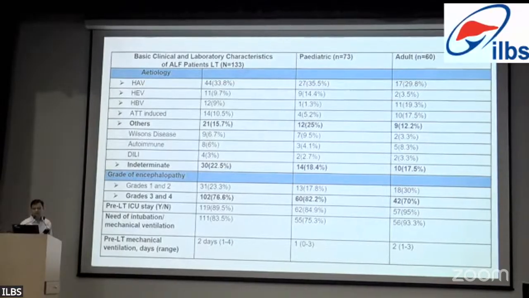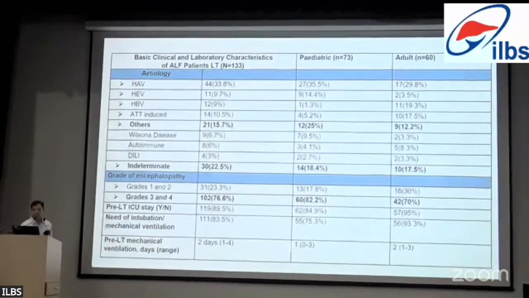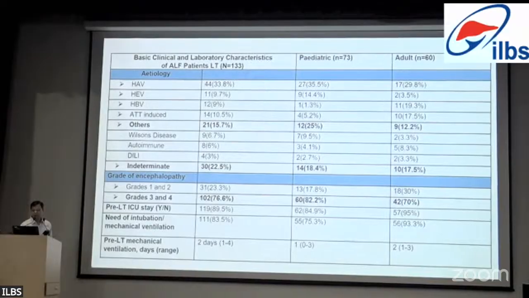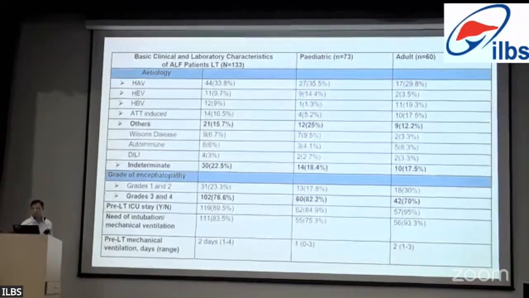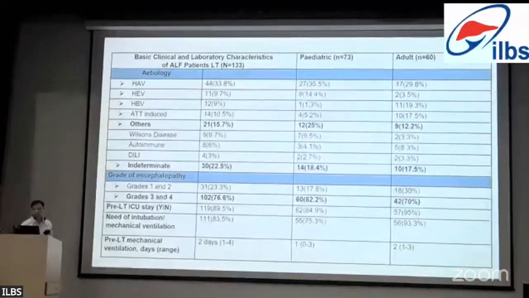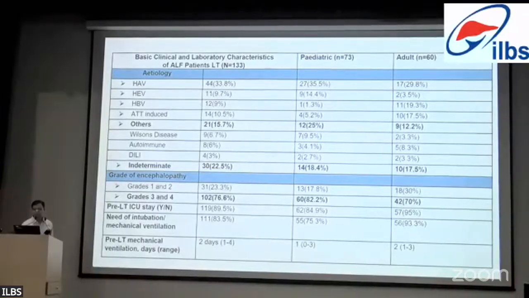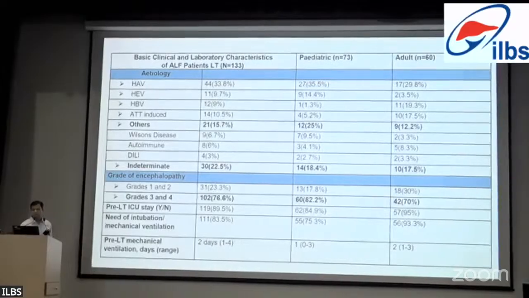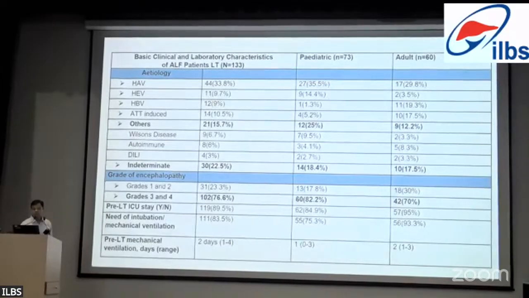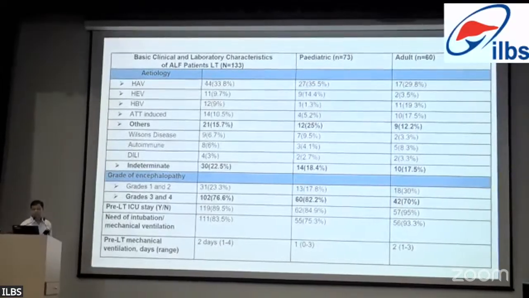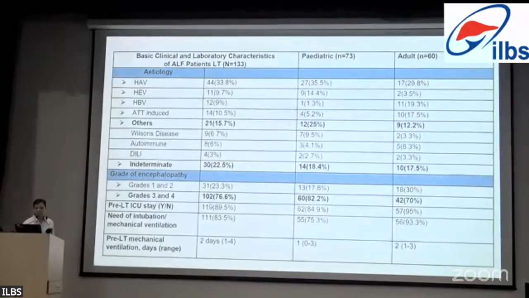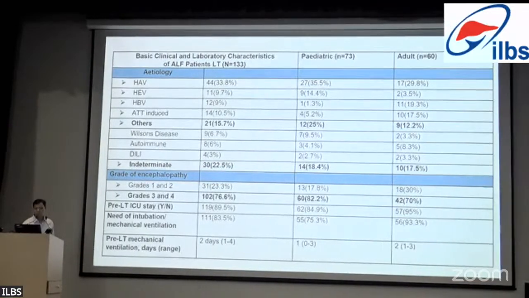Coming to the etiology, the most common etiology we faced is hepatitis A, both in pediatric and adult. In pediatric, hepatitis A is a little bit more compared to the adult patients, followed by hepatitis E. And other etiology accounts for 15.7%, which includes Wilson's disease, autoimmune, and drug-induced liver injury.